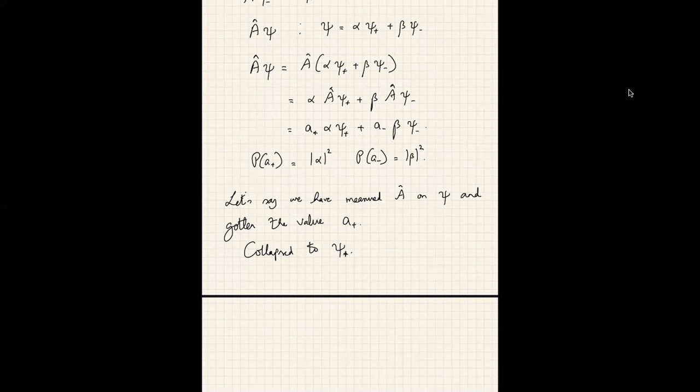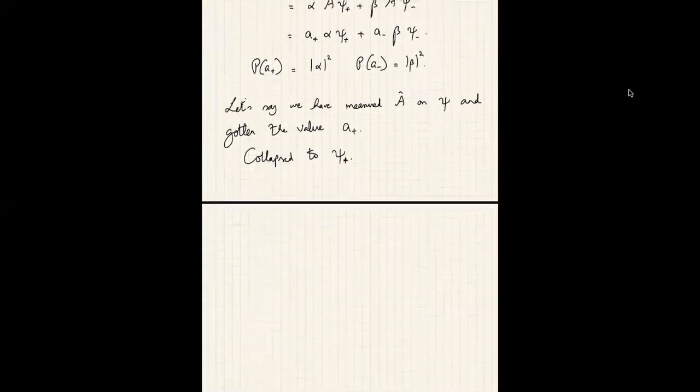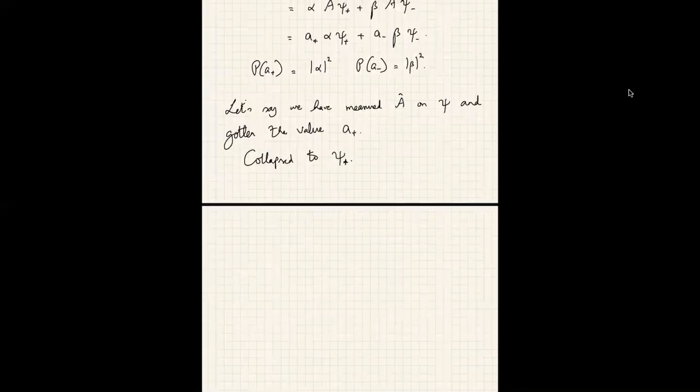Now let us ask the question, what happens if we try to measure something else on this state psi plus? Let's say there is another observable B. Corresponding to B, there is an operator B hat in quantum mechanics.